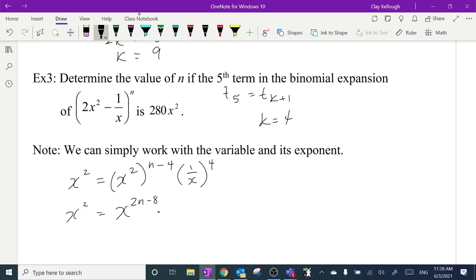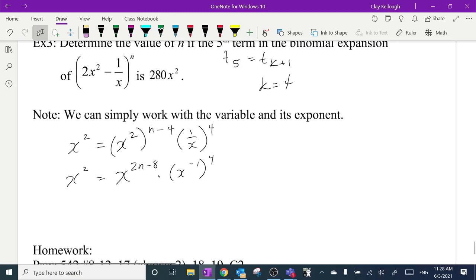And I can switch this to an x to the -1 if you like. Simplify it one more time. It's a negative now. And then remember that if I can turn this into one single base on each side, add those exponents. 2n minus 8 add -4 is 2n minus 12.